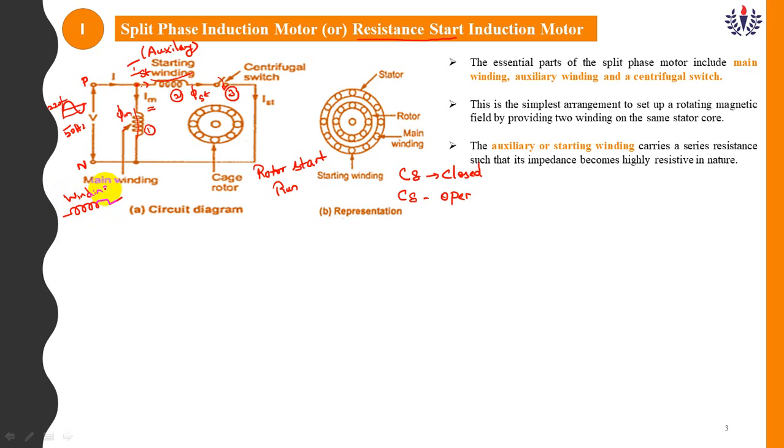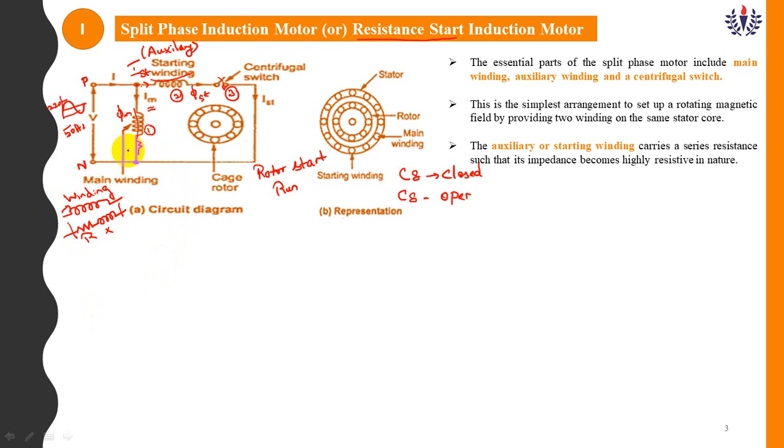This winding consists of resistance and reactance. The combination of these two is what we call a winding. Do you understand? The resistance will be connected in series with this winding arrangement.